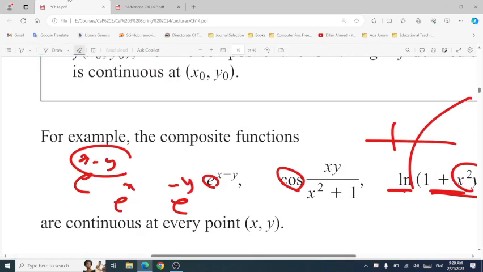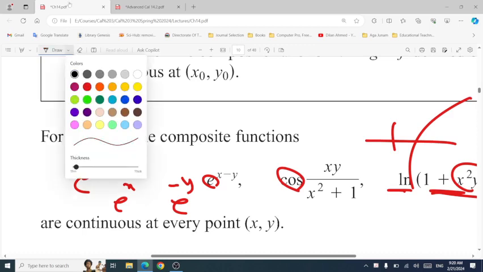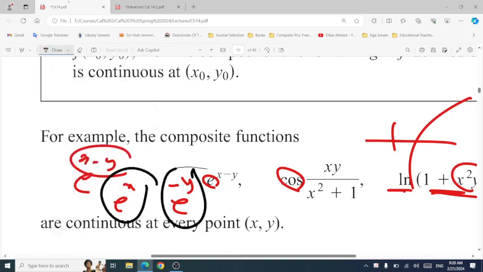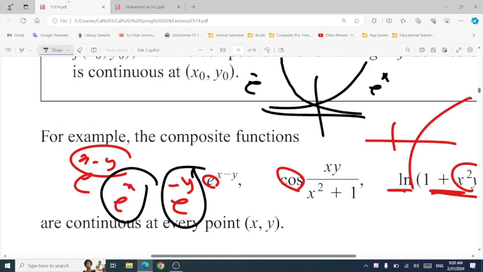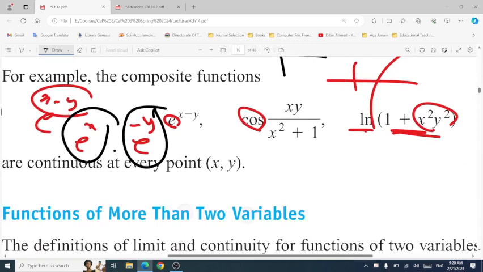Okay, dear? So we have a compound between two functions. Here with x it is continuous, here with e to power minus y as well continuous. This is e to power x. You can also say this is e to power minus y if I separately sketch it in the x and y plane. Then together, of course, the composition of two continuous functions is also continuous. That's why we say they are compound.